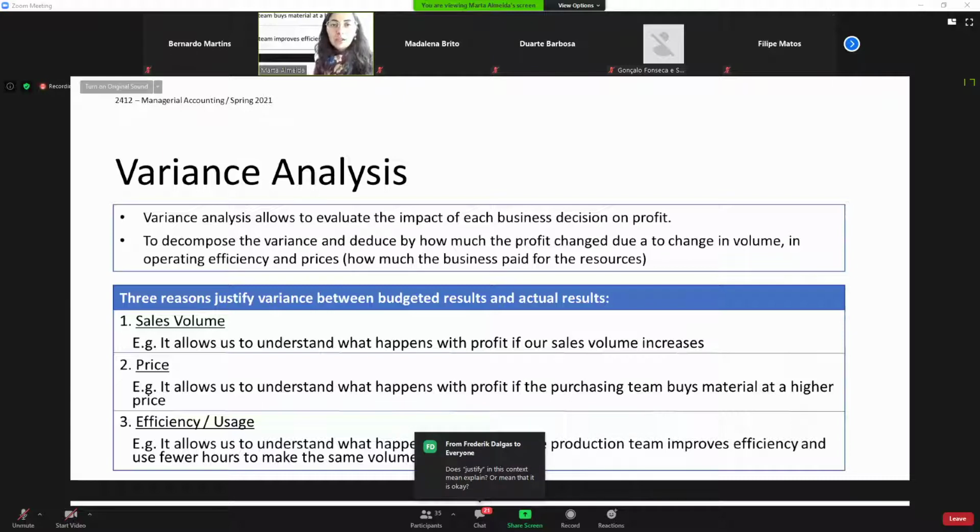If we used more labor than we should have, we were inefficient. And we saw this happen both with materials and with labor when we did the calculations. Okay, so the difference between budget and actual results comes from 3 reasons: volume, price, and efficiency. So remember this. There's 3 reasons justifying variances between budgeted and actual results.